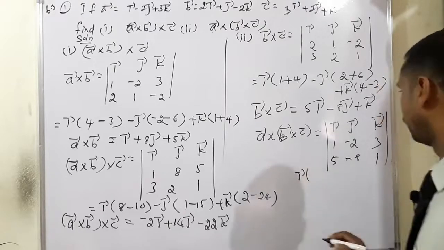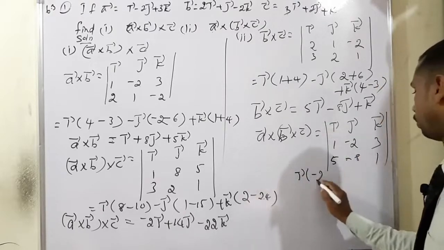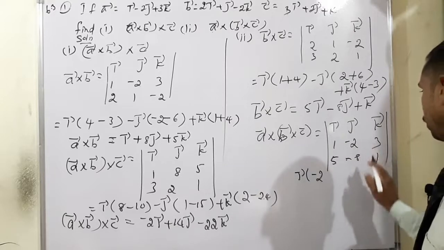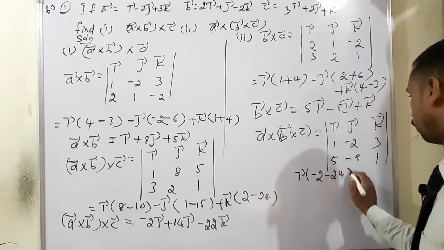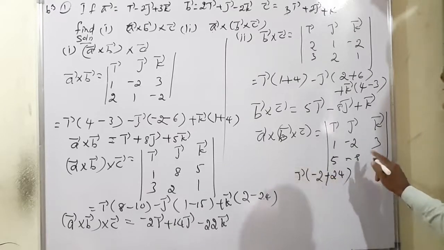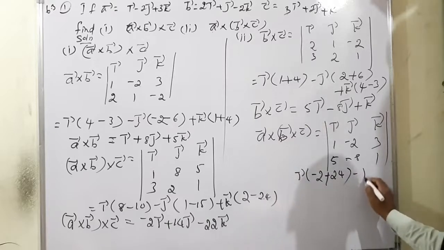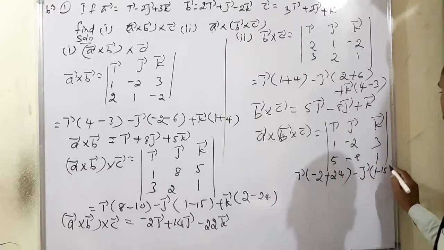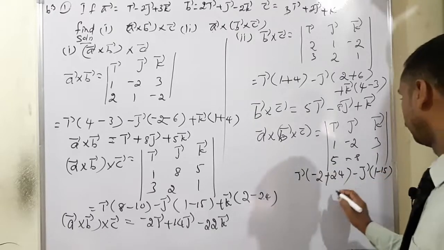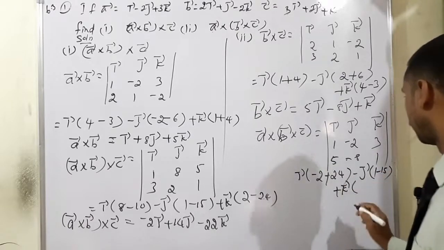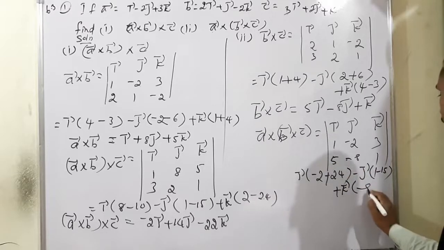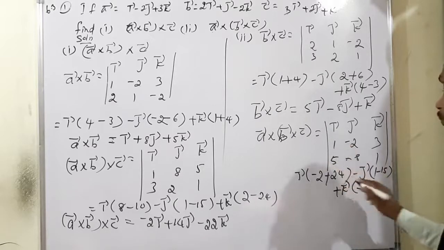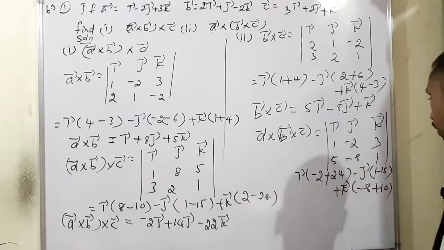Again i vector means minus 2 into 1, minus 2, minus 8 into 3, minus 24, sorry, positive 24, because cross multiplication means extra minus. Then minus j means 1 into 1, 1, and 5 threes are 15, so minus 15. Last, plus k vector means 1 into minus 8, minus 8, minus 2 into 5, minus 10, but positive 10 will come.